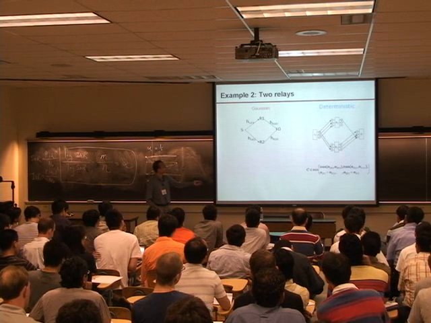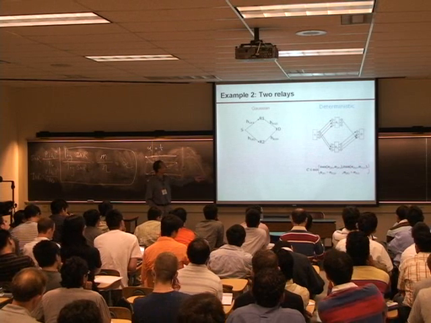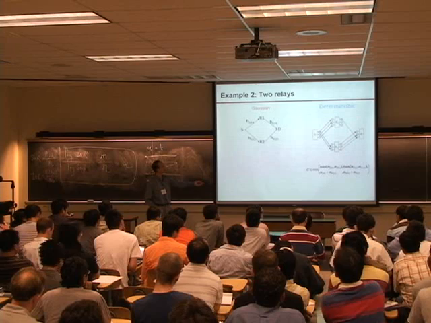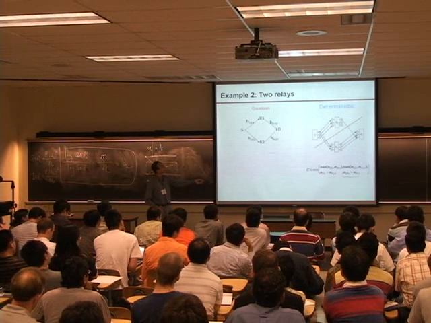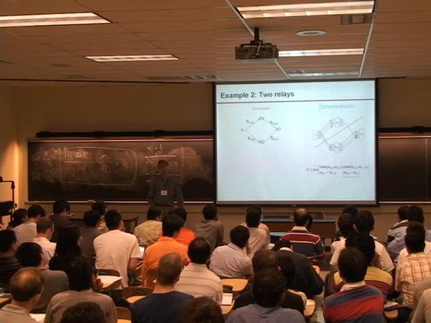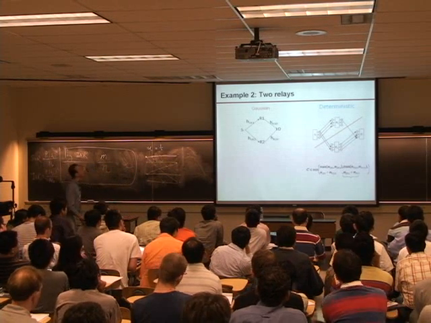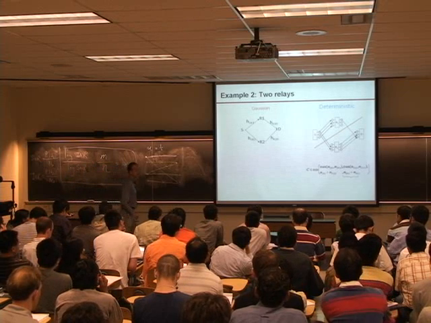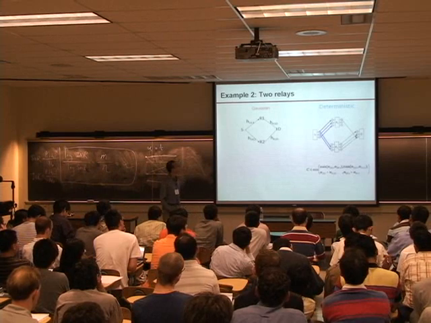We have this cut, which is the cut from the source. This cut, which is a cut going into the destination. This cut, which is the parallel link here. And this cut, which is this parallel link here. Okay? So you do the calculation. We did the calculation, and it turns out that, again, you can achieve this cutset bound. And here's an example.